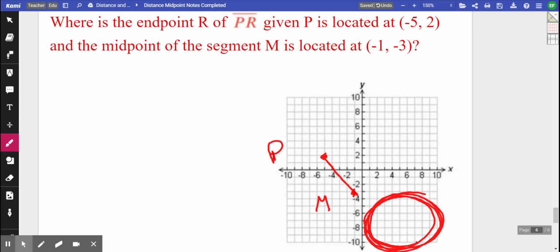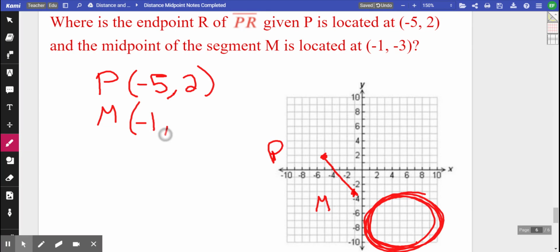So let's figure out, how did we get from P to M? I'm going to write the 2 points over to the side, P and M. P is located at -5, 2. M is located at -1, -3. And I really want to figure out where R is. So I'm just going to set it up, but I'll leave it blank.